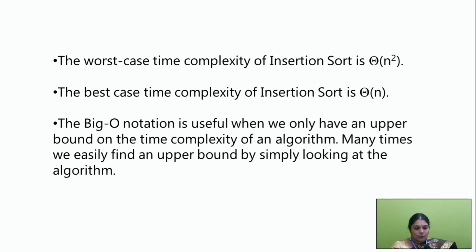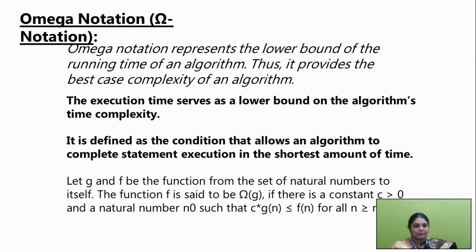The big O notation is useful when we want an upper bound on the complexity of an algorithm. Many times we easily find the upper bound by simply using big O notation. Next, the final one is omega notation. Omega notation is used to find the best case of an algorithm. The execution time serves as a lower bound on the algorithm's time complexity.